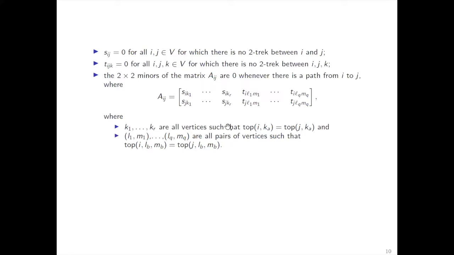All of the equations are either just some entries being 0, where the s's are the entries of S and the little t's are the entries of T, or some 2 by 2 determinants that are 0. So this matrix, wherever it comes from, has to have rank 1. You don't need to see the details, but you can try to find all of the relationships and perhaps use them in an algorithm for learning the graph.